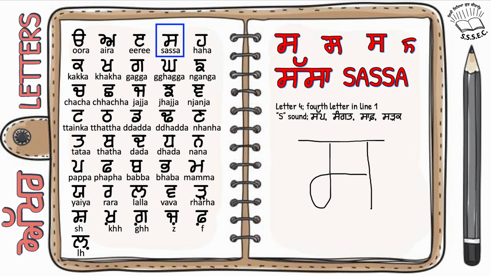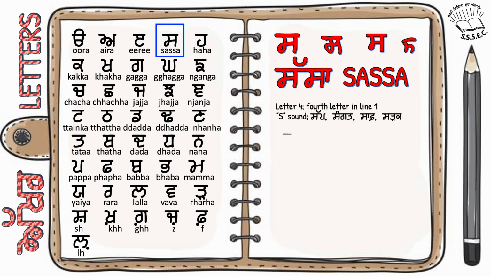Sasa. In some Punjabi fonts and some of the computerized fonts, you might see sasa looking a bit like a very, very hidden loop there on the left-hand side. But there is one there in theory, but it might not be as visible as it is in handwritten fonts.